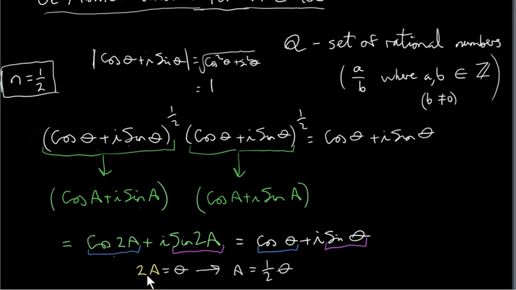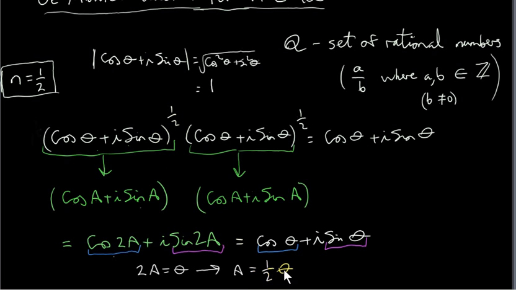Actually, there is more than one value of a. We're dealing with a multi-valued function here. Cos theta plus i sine theta to the power of a half has multiple values. It actually has at most 2 values. I'll talk about that in the next video. But for now I just want to show you one of those values.